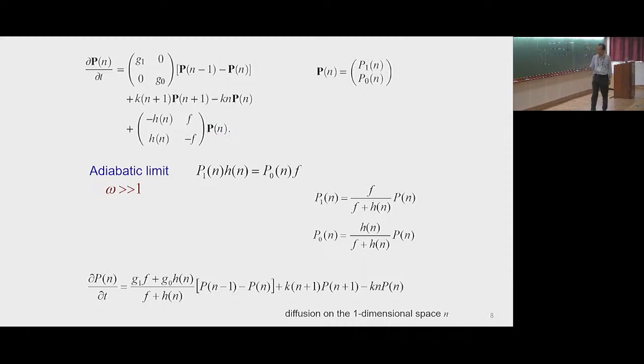This is a discretized representation, but if we describe n as a continuous variable, we can represent this with the Fokker-Planck equation or the Langevin equation. Then the system is the Langevin dynamics, diffusing on a certain free energy landscape.